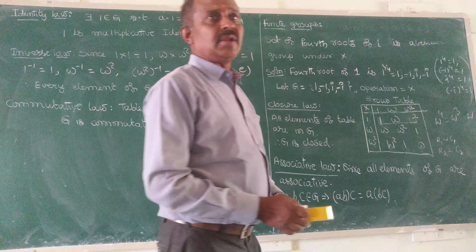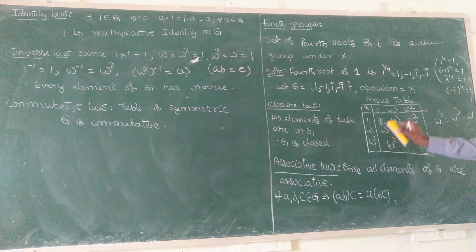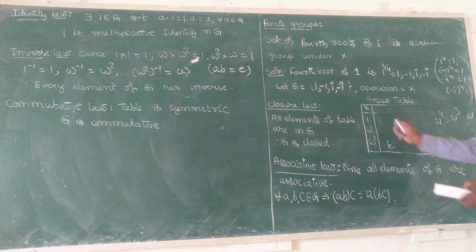The operation is multiplication. So all of you complete this table. Here you write the first column as 1, minus 1, i, minus i, and the first row as 1, minus 1, i, minus i.